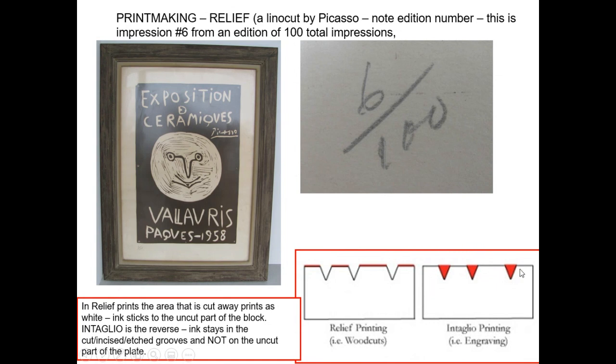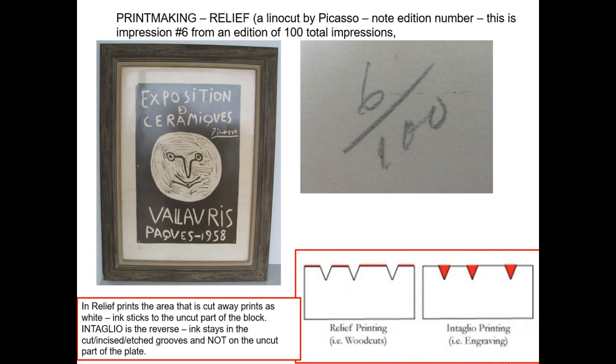Relief then is completely opposite to the intaglio category of techniques. The intaglio techniques are those in which we take usually copper plate, although we could substitute other types. We often use plexiglass plates for training in printmaking level 1.